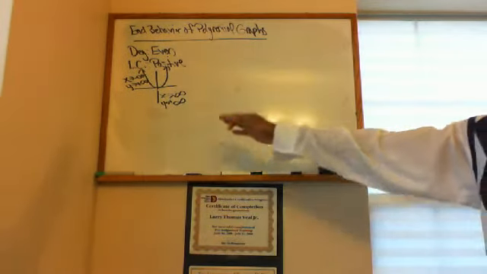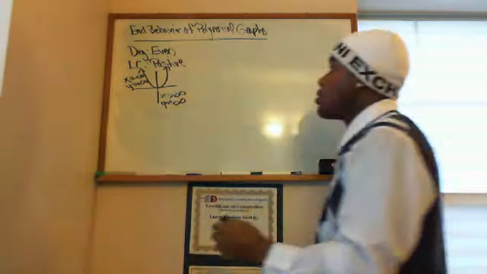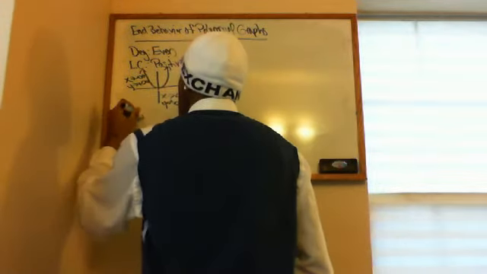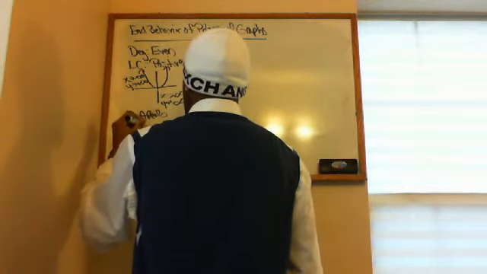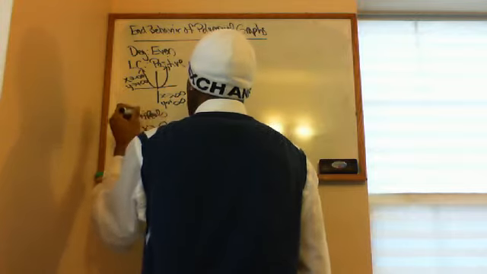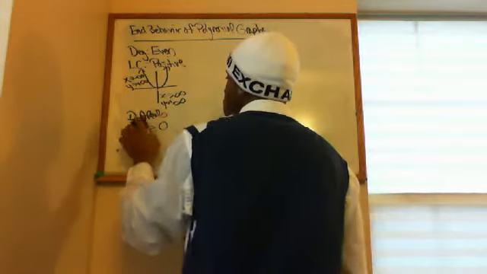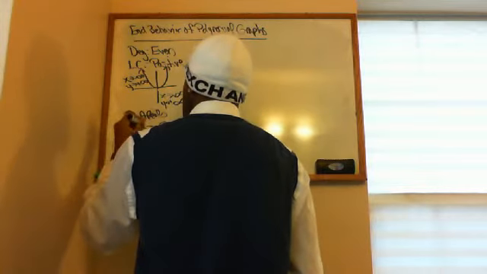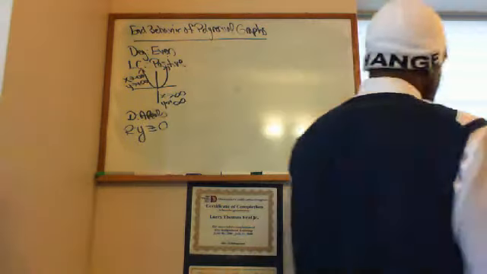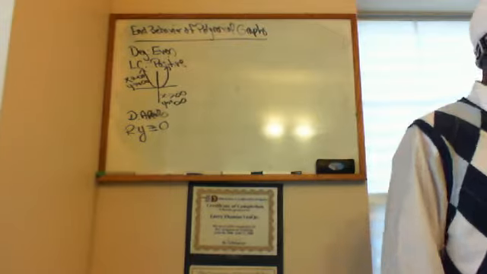Alright, the domain here is all reals. The range is, I'm sorry, not x, it's range: y is greater than or equal to 0. Alright? You understand that so far?